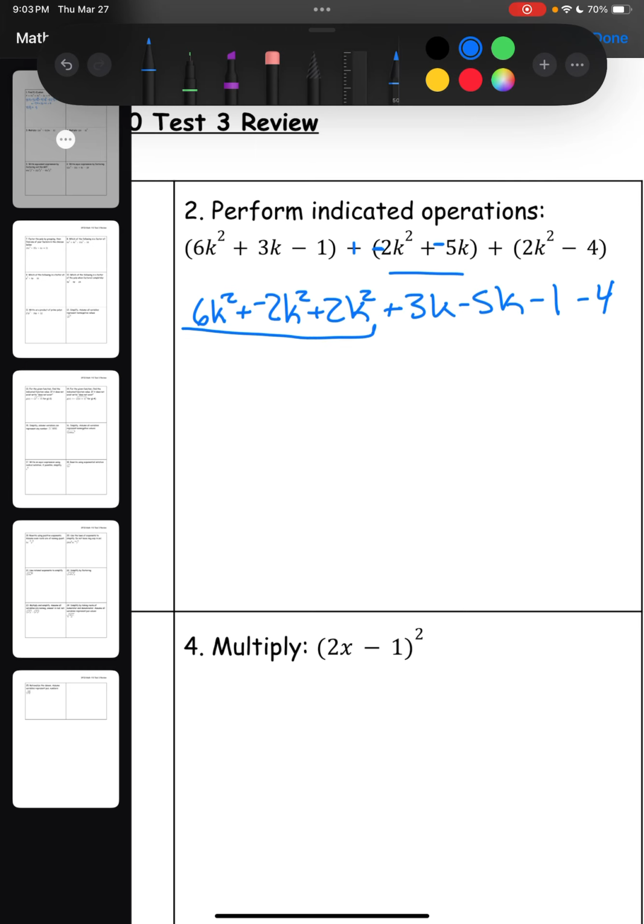This is going to get us 6k, because these cross out. Or 6k squared, sorry. And then with this one, we are left with a minus, so I'm going to take away that addition here real quick: -2k. And then we're left with a -5 with our last ones. And that is what you want to simplify it to.